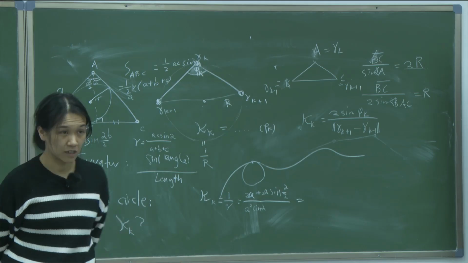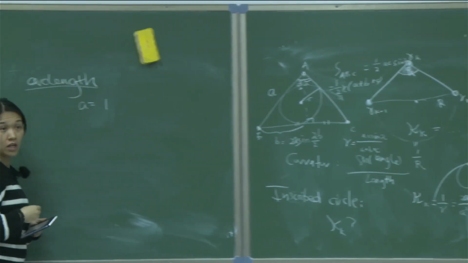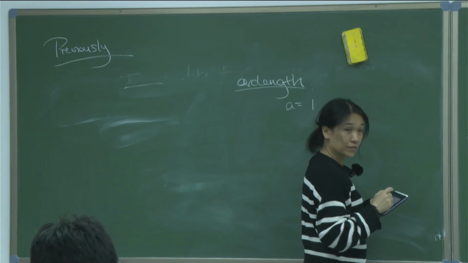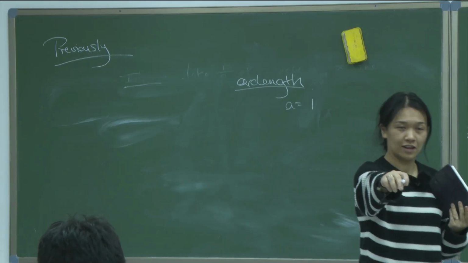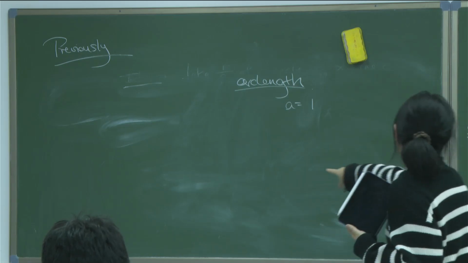Should I just write it down? You want to just figure it out yourself? Because we want arc length, let's just assume A is 1. Okay? Perfect. Right here, we have space.